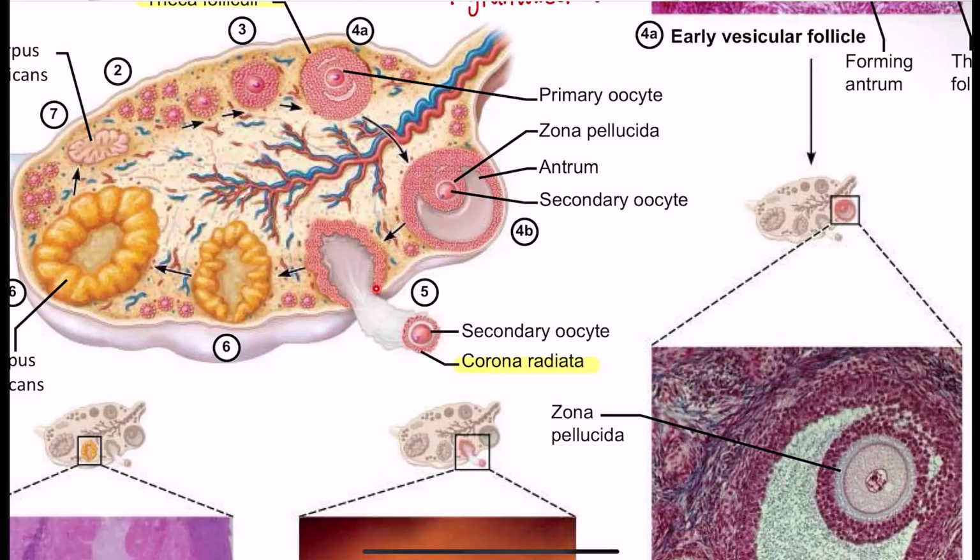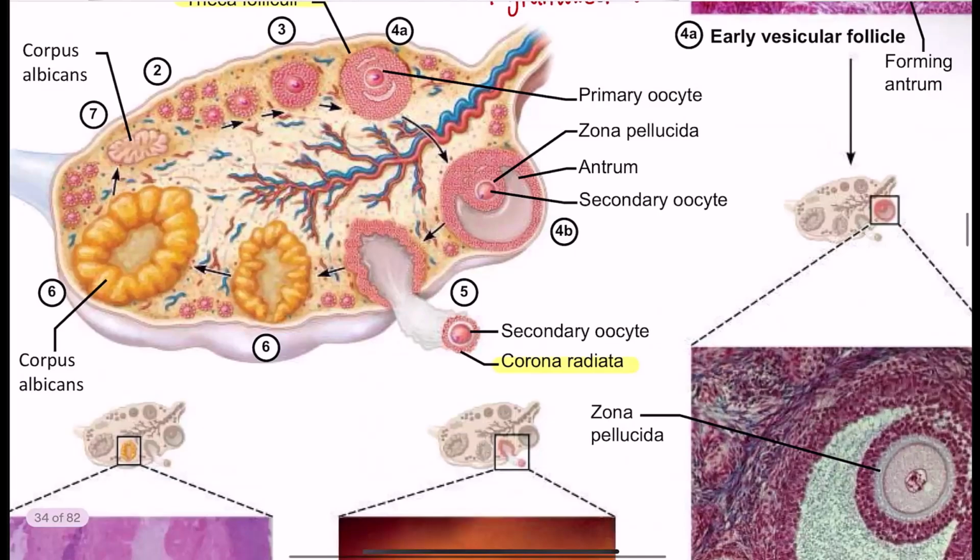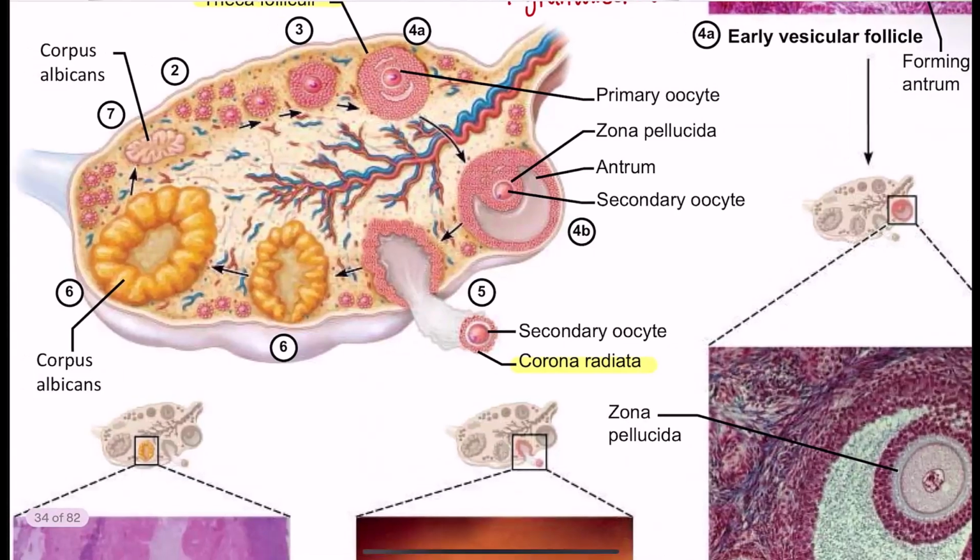The leftover cells and stuff of that follicle become this structure called corpus luteum. The corpus luteum has some endocrine function that we'll talk about.